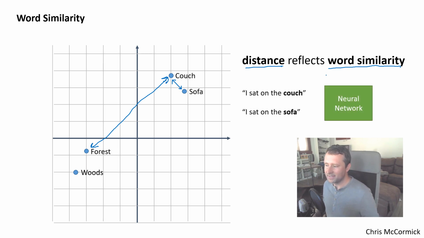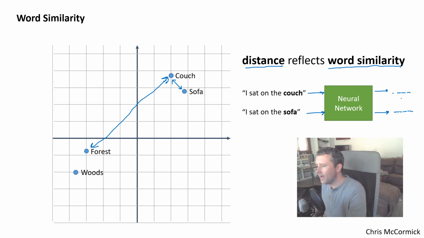And the reason this is exciting or valuable to us is that if we had a sentence like, I sat on the couch, and we fed it in, looked up its word embeddings, fed it into a neural network, and it produced some kind of result for us. And then we did the same thing for the sentence, I sat on the sofa, and got its output.